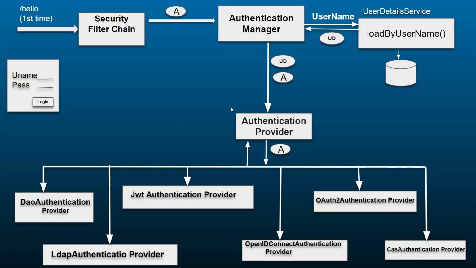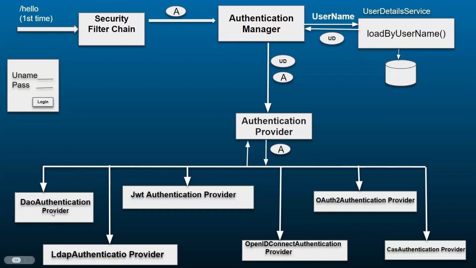For example, it has an authentication object which has username and password, and that user object which has username, password, and role. So it cross checks whether they match or whether it is valid. If it is valid, it sets a flag, or we can say it adds some information into the authentication object.